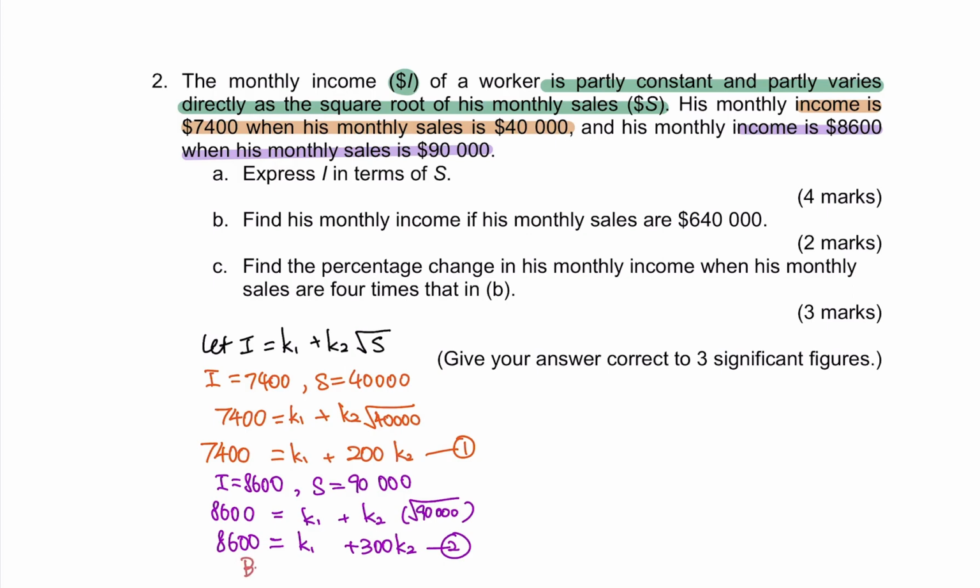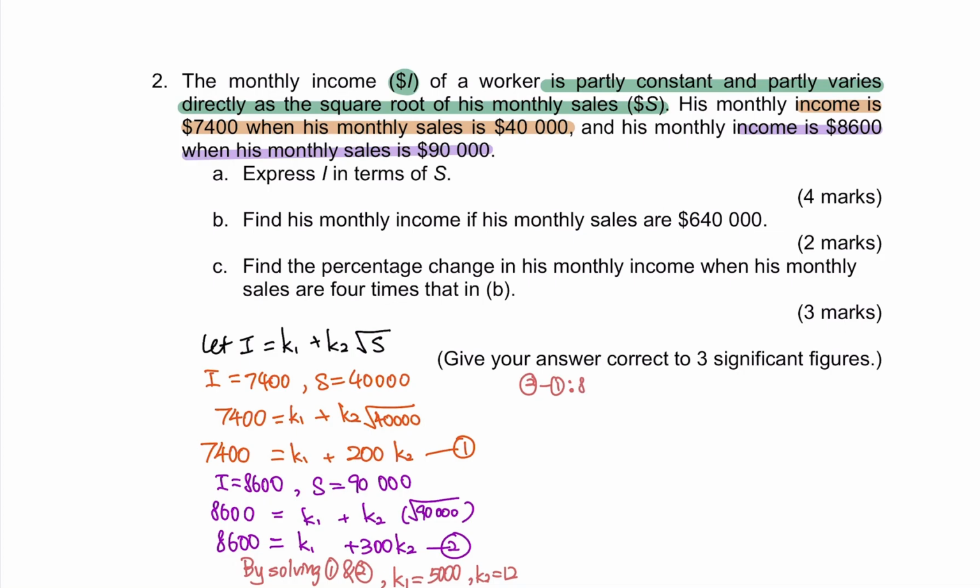If you have calculator, you just write this by solving 1 and 2, you will find K1 as that, and then K2 as 12, like that. But if you don't, then you will do the second equation minus the first equation.